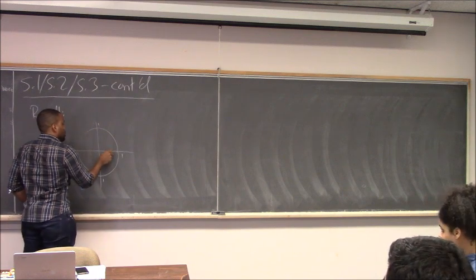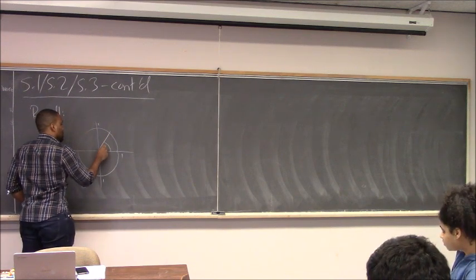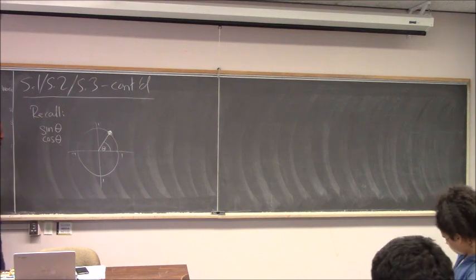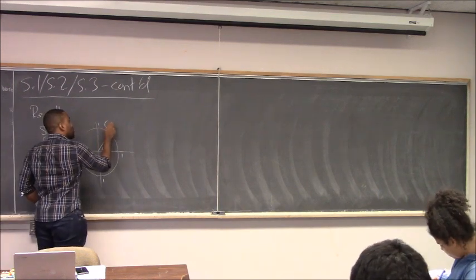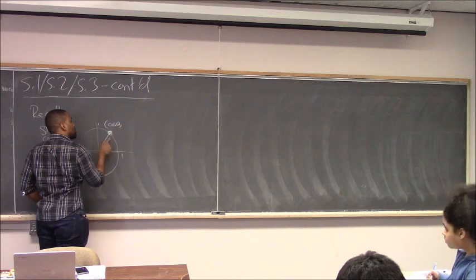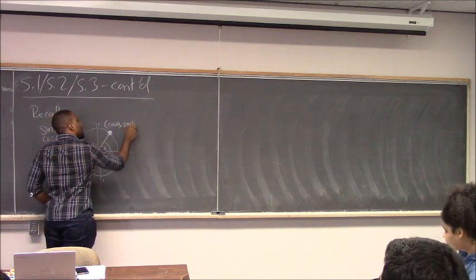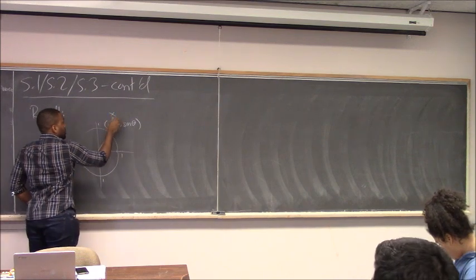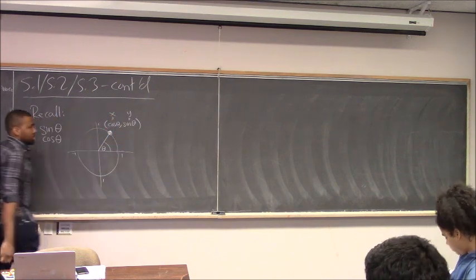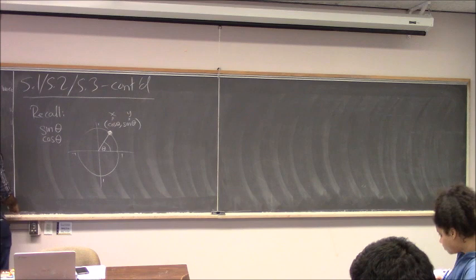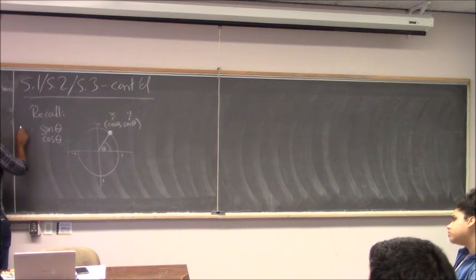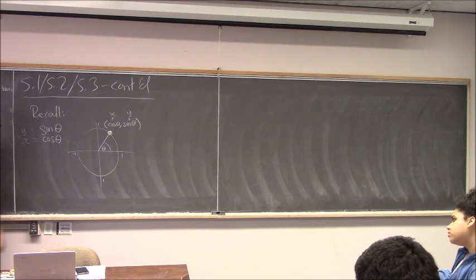And if we measure an angle theta and let a line running through that angle hit the circle, the coordinates of that point will be given by cosine theta, sine theta. So the x value is cosine and the y value is sine. And so we're tracking the x and y values separately here. This is like a y and this is like an x.